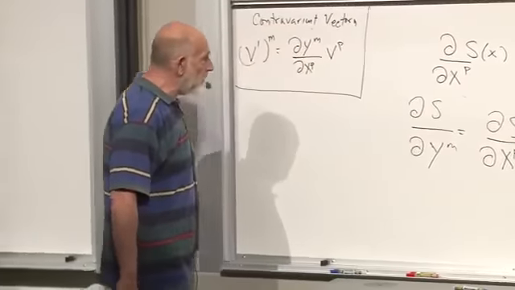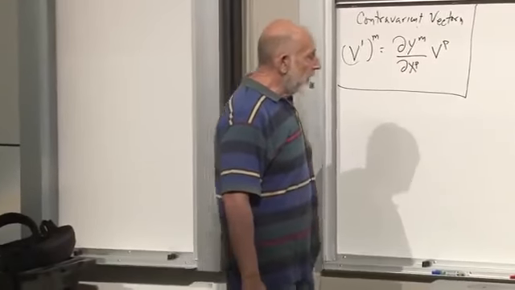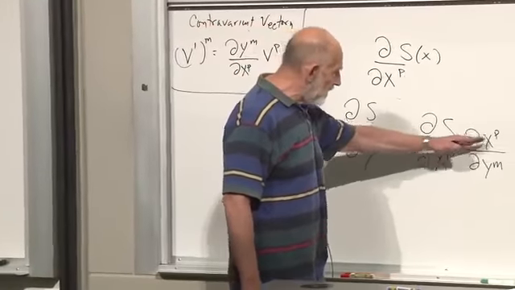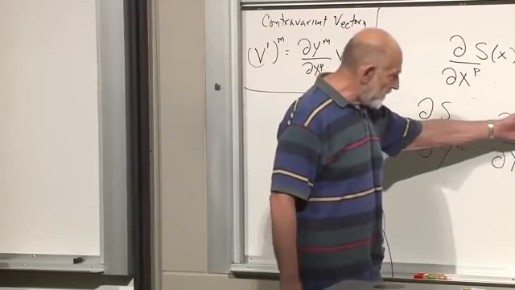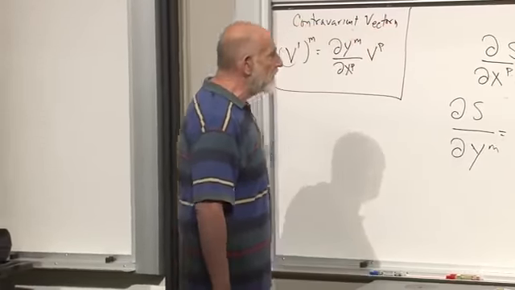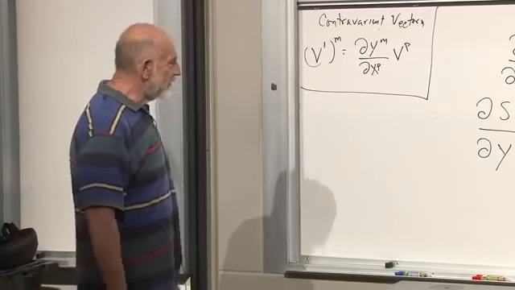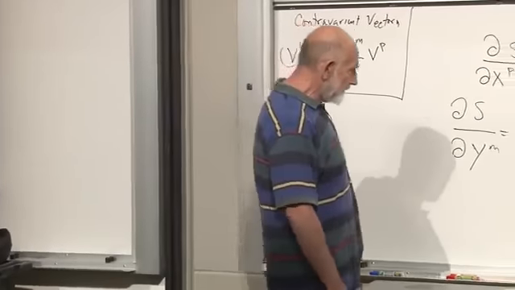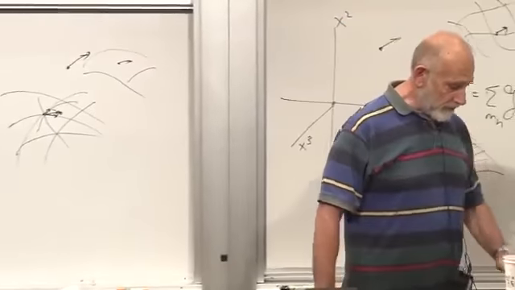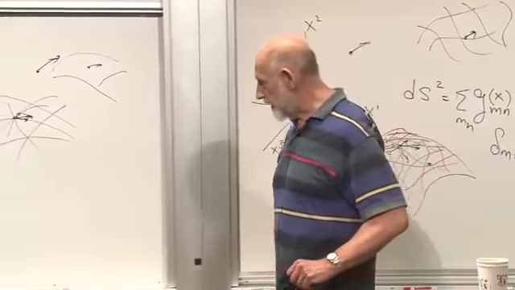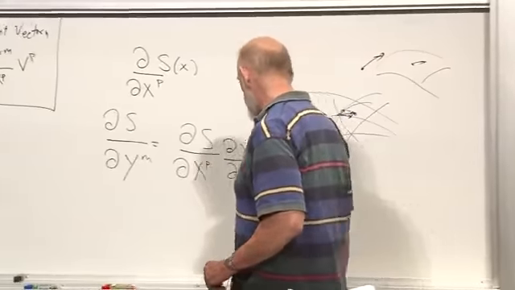I'm not going to write the sum over p anymore. If there's a repeated index on this side, which doesn't show up on this side, it must mean that it's summed over. So that's Einstein's summation convention. It made life a lot easier for printers and other publishers who didn't have to put in summation signs all over the place.